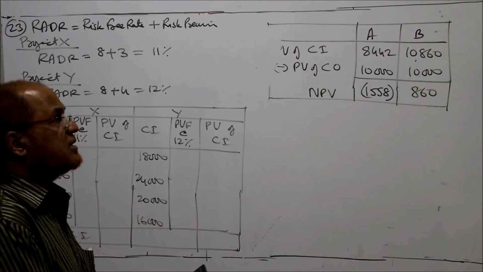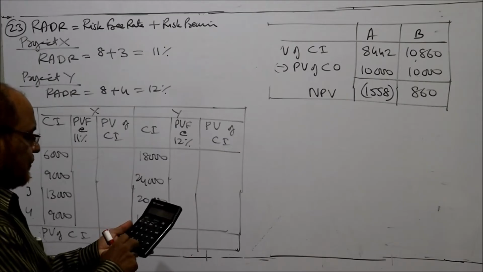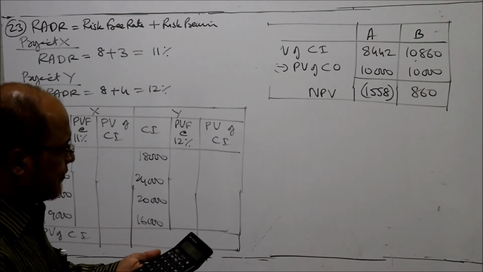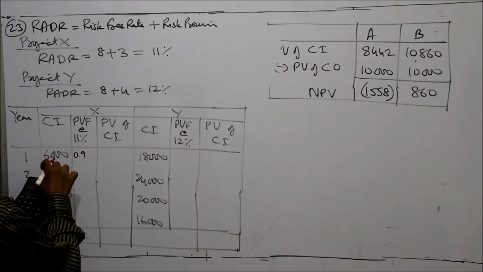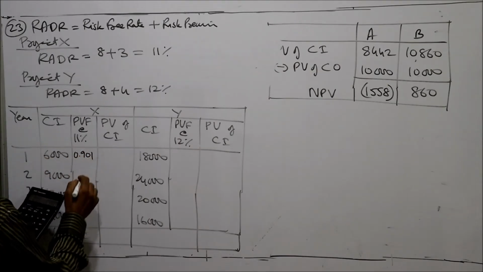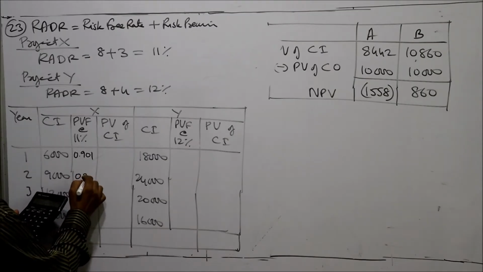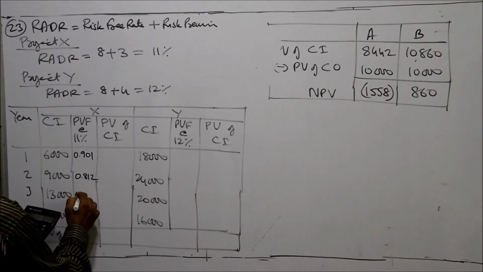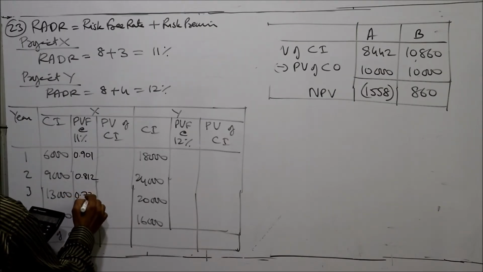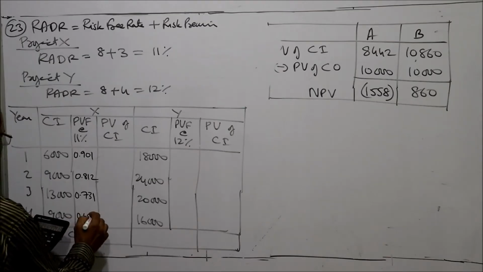Now PV factors at 11%. 1 divided by 1.11 is equal to 0.901, 0.812, 0.731, 0.659.